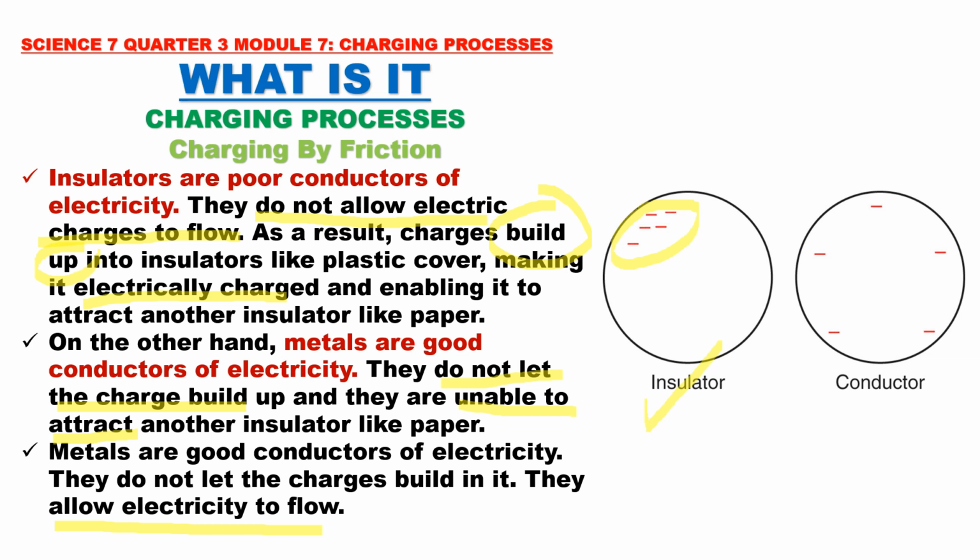Sa mga conductors naman, however, okay, yung mga charges natin, they easily flow. That's why they are not good in attracting another insulator. Okay? So, they do not let the charges build. So, hindi naiipon yung charges, but instead, nagfo-flow yung charges natin.